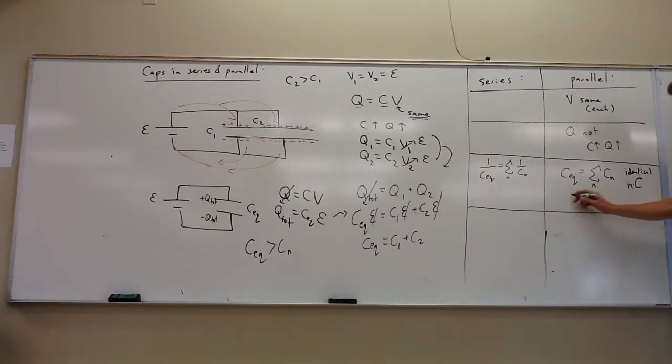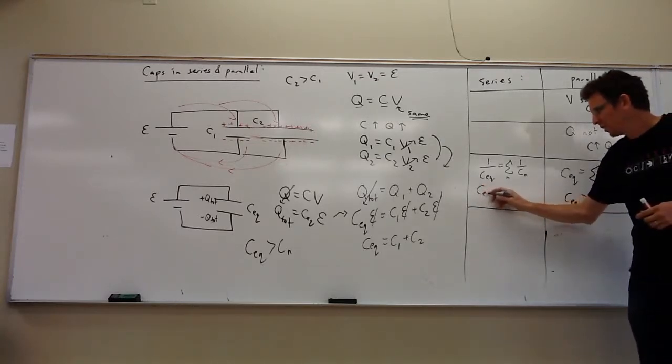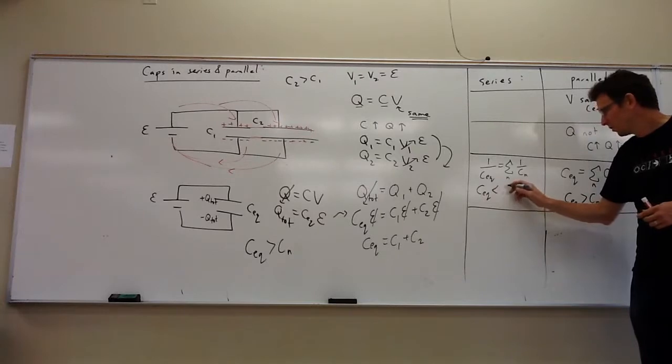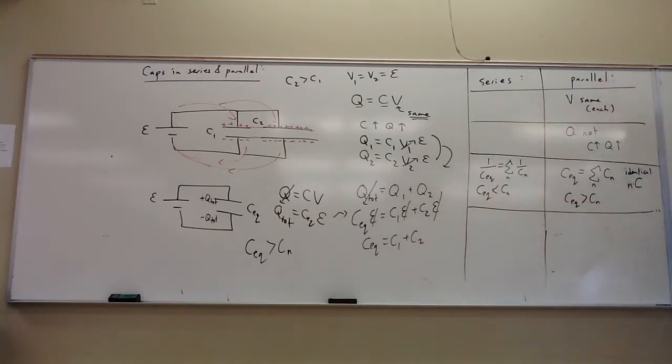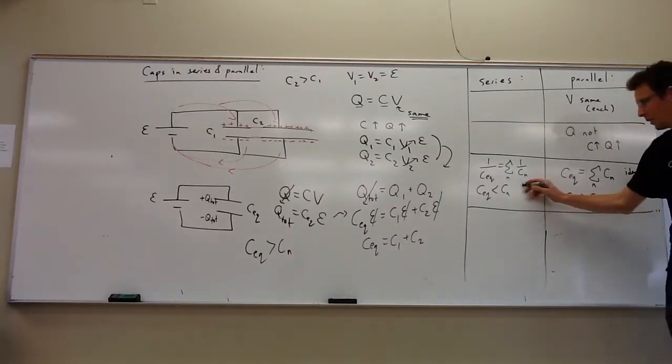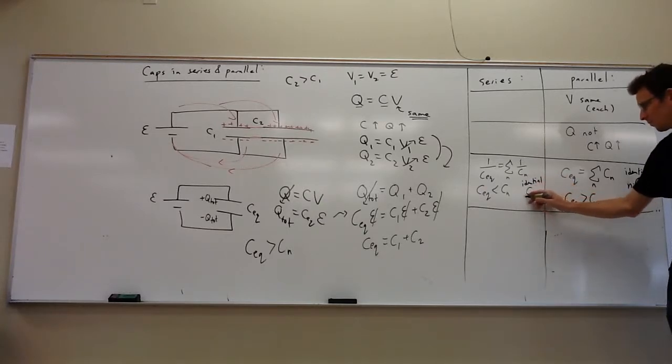Oh, I forgot to mention also here, to add to my chart, of course, when you're adding them in straight addition, the result is greater than any individual one. And one of the things we discovered over here was that, of course, the result is less than any individual one. Those are just consequences of those addition rules being what they are. And in fact, adding over here, when we have them identical, you divide by the number you have, right?